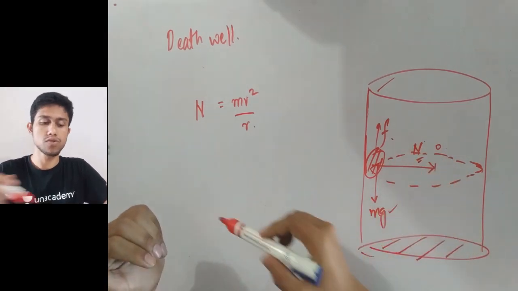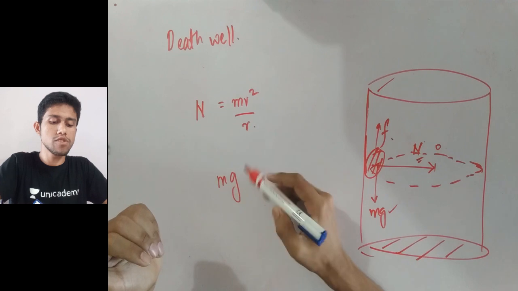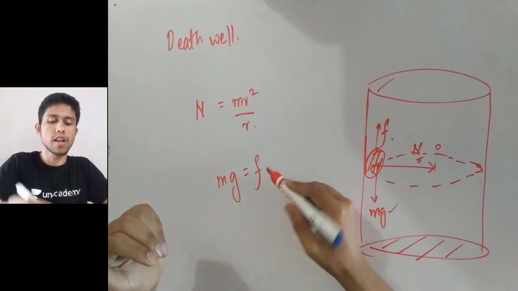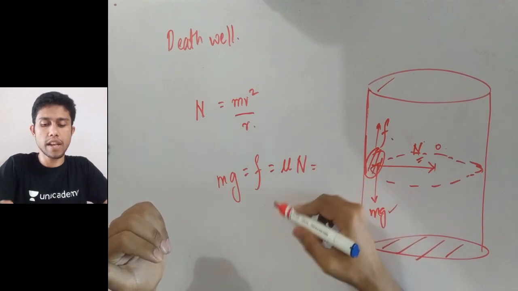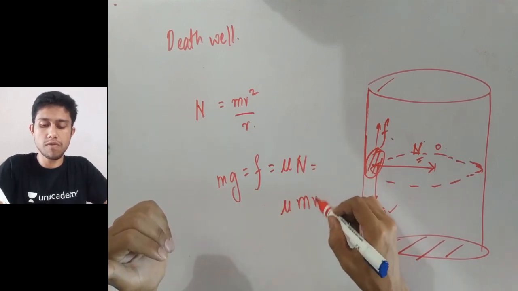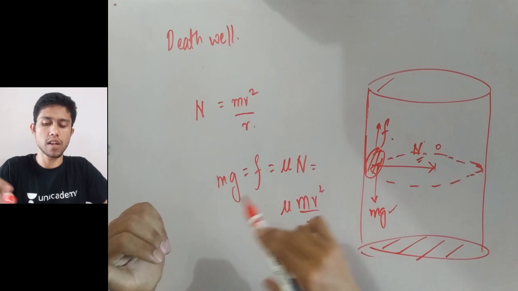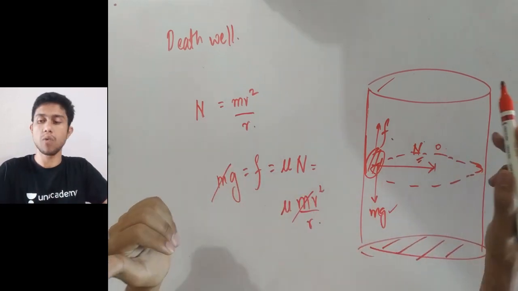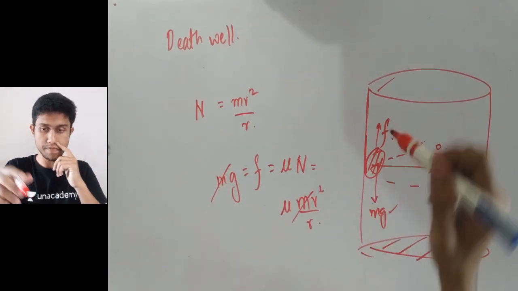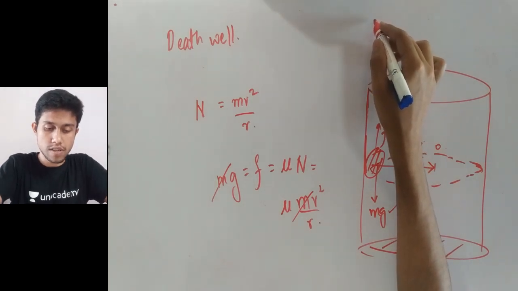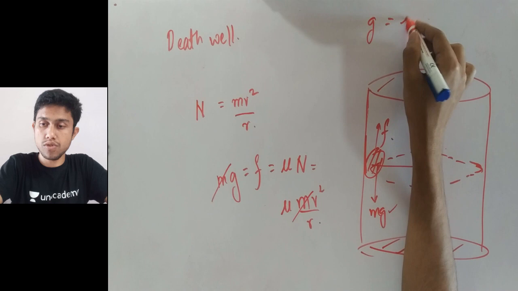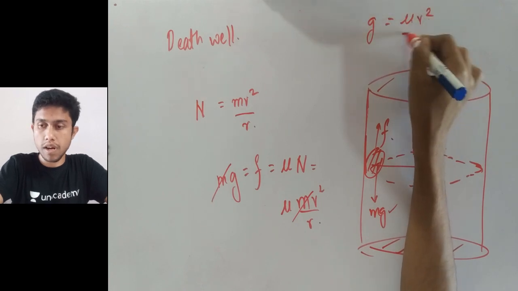and the person may fall. So at the boundary condition, mg equals friction, and friction equals mu N, and I know what N is. N is mv square by r. So if I cancel the m and m, what will I get? I will get g equals mu v square by r.